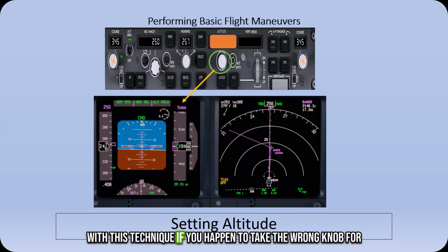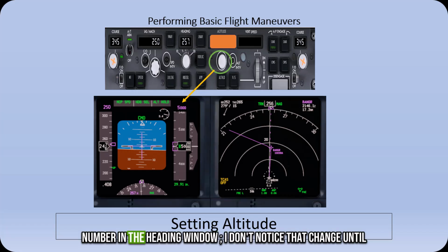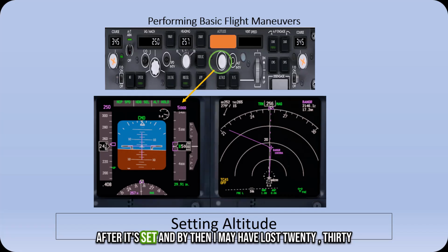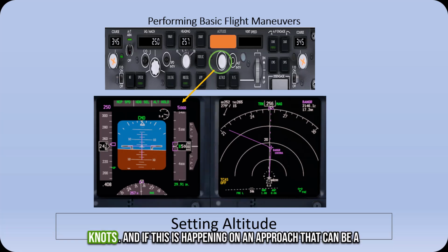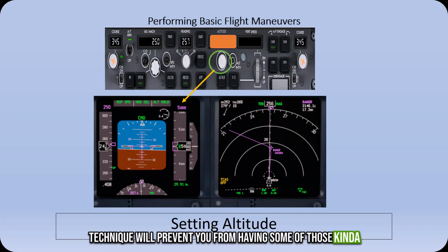With this technique, if you happen to take the wrong knob, for instance, if I'm intending to change speed and I inadvertently select the heading window and make a change looking at the number in the heading window, I don't notice that change until after it's set, and by then I may have lost 20, 30 knots. And if this is happening on an approach, that can be a situation that you definitely don't want to happen. So this technique will prevent you from having some of those kinds of mistakes.